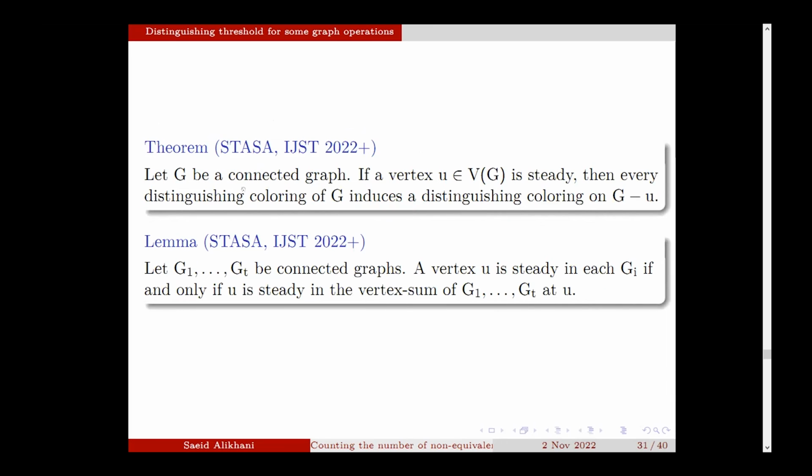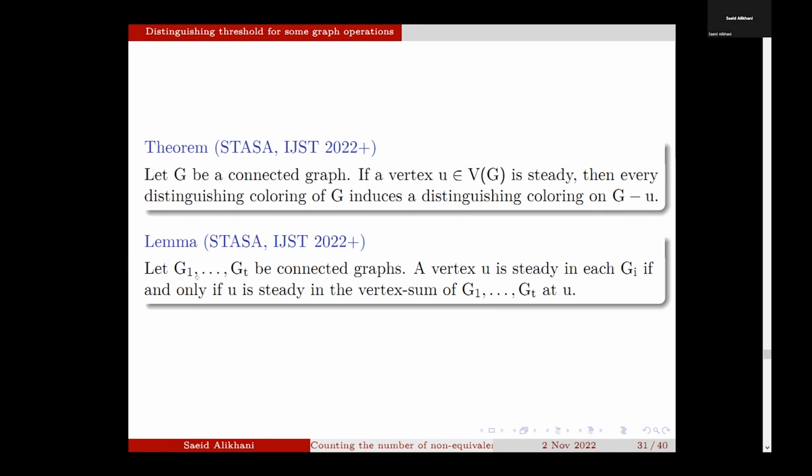And we have this theorem about the STD vertex. We have a graph G which is connected, and we choose a vertex U. If this U is STD, then every distinguishing coloring of the graph induces a distinguishing coloring on G minus U. But the converse is not necessarily true.